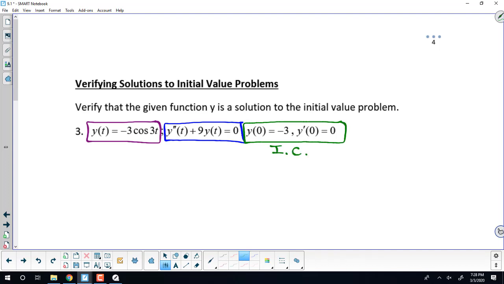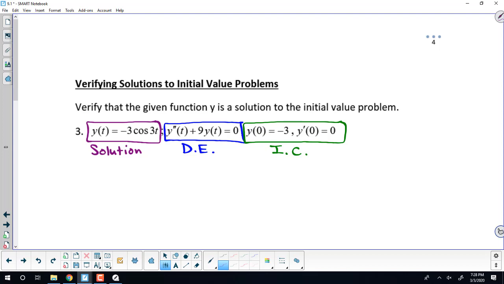In a differential equations class, they would give you the differential equation and the initial conditions, and they would say find y of t. So you have all these methods to solve those.